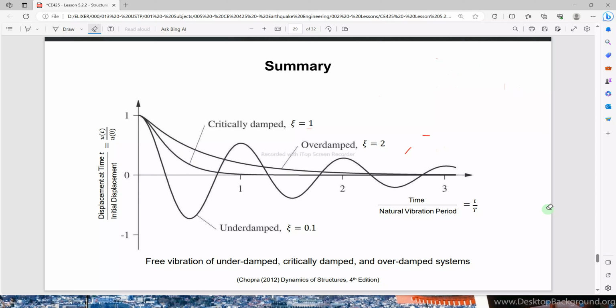For each case, the equation of motion is different. There is a specific equation of motion for each type of system, depending on its behavior. Though they have different equations, the process is very similar.